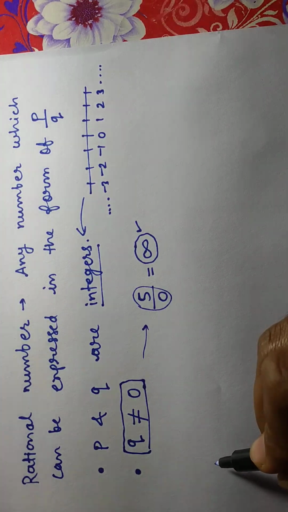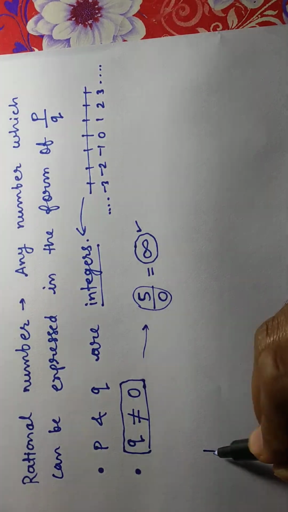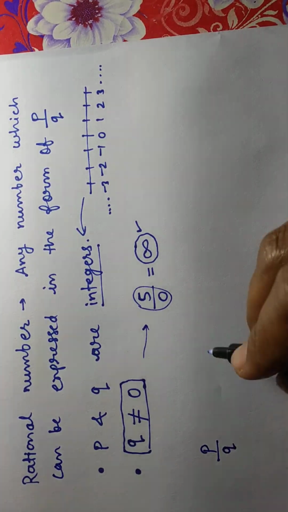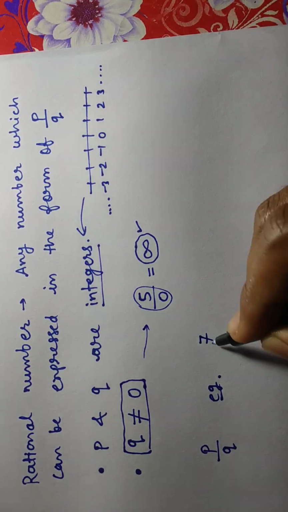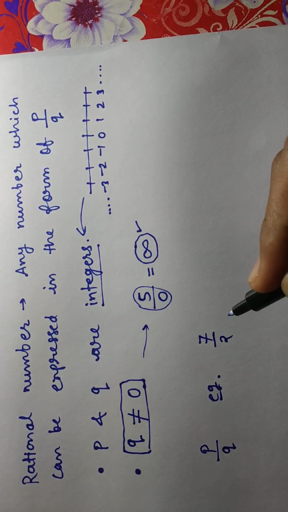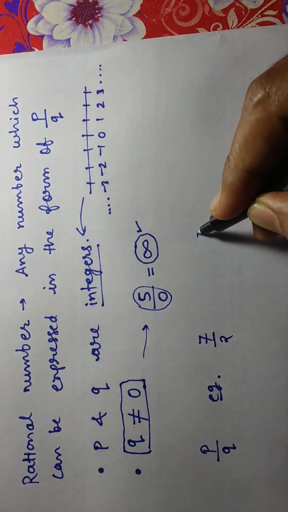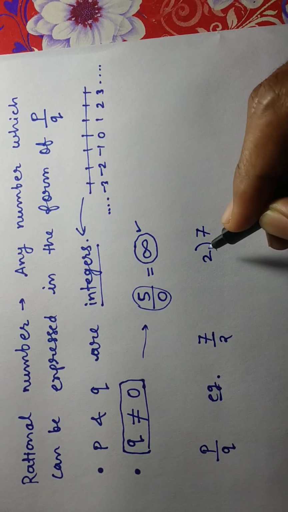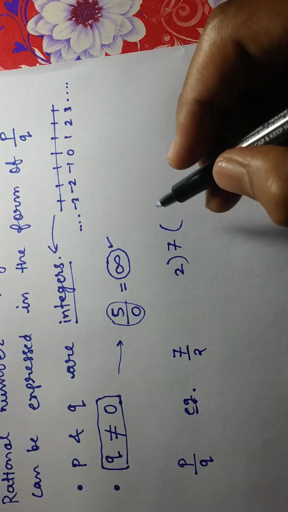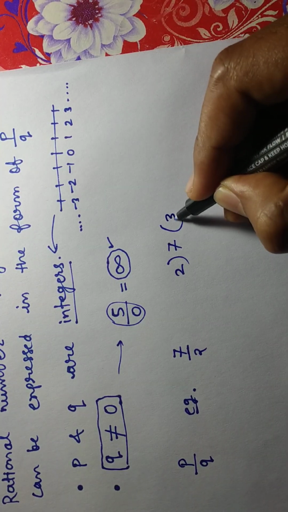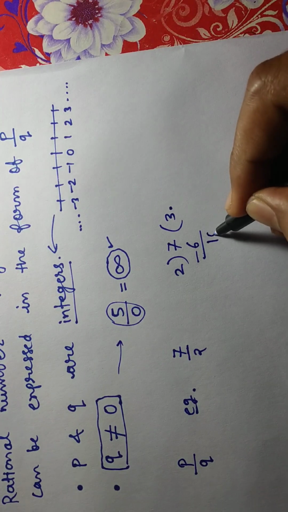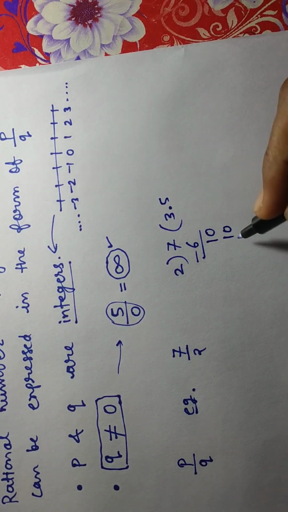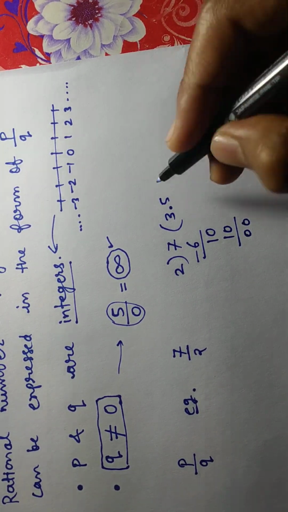Now when we divide this P by Q, let's take any example. Suppose 7 upon 2, right? So when we divide this numerator by this denominator 2, let's look what happens. So 2 3s are 6 here, 1 is remaining, and point here 0, 2 5s are 10, which is 0, 0.